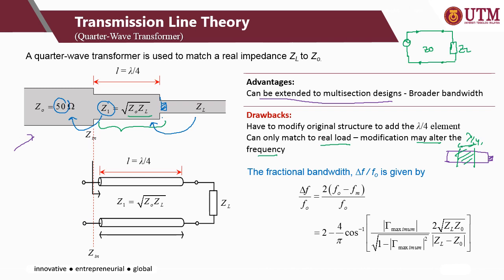Another important parameter that you need to consider in designing a quarter wave transformer is, first, the reflection coefficient. Maximum meaning you are using the maximum SWR, in which we know that the reflection coefficient can be calculated by the SWR minus 1 divided by SWR plus 1.